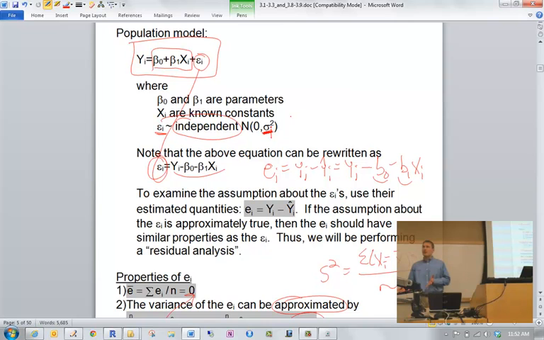Well, that's a different kind of model. What we're going to talk about right now is models that have a constant variance. So can we maybe use the residuals to figure out if this assumption is violated or not? Yes, we can.